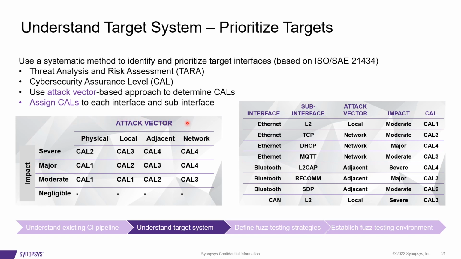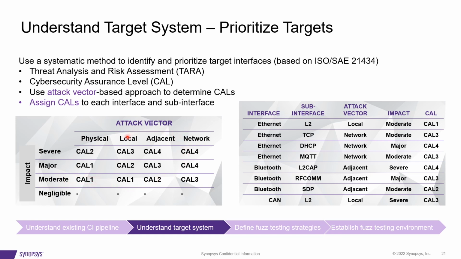And on the x-axis, we have the attack vector: physical, local, adjacent, and network. So we can see that an attack that occurs over network and has a severe impact is assigned CAL 4. Whereas an attack that is, for example, physical and has a moderate impact is assigned CAL 1.